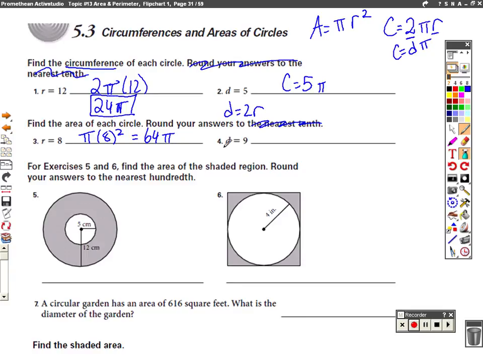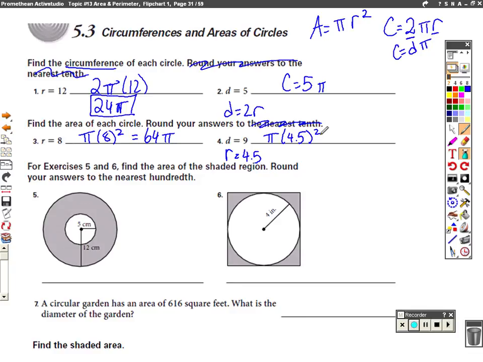For number 4, we do need to take this d and turn it into r. So r is actually half of the diameter, which is 4.5, or some people write it as 9 halves. Plug it into our formula, pi times radius, that's 4.5 squared. And feel free, if you want to use your calculator, you can go ahead and use this.